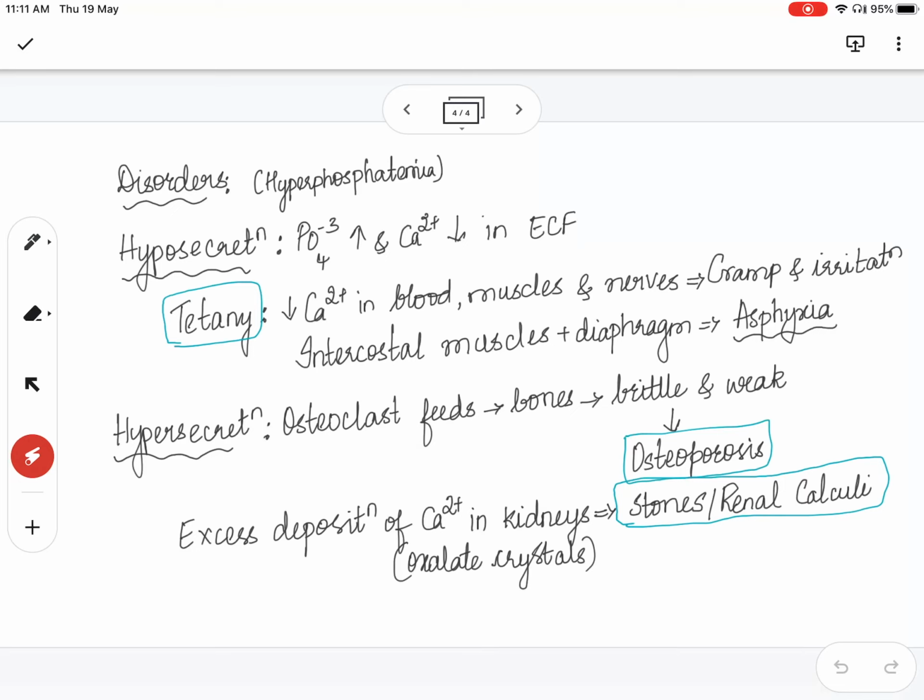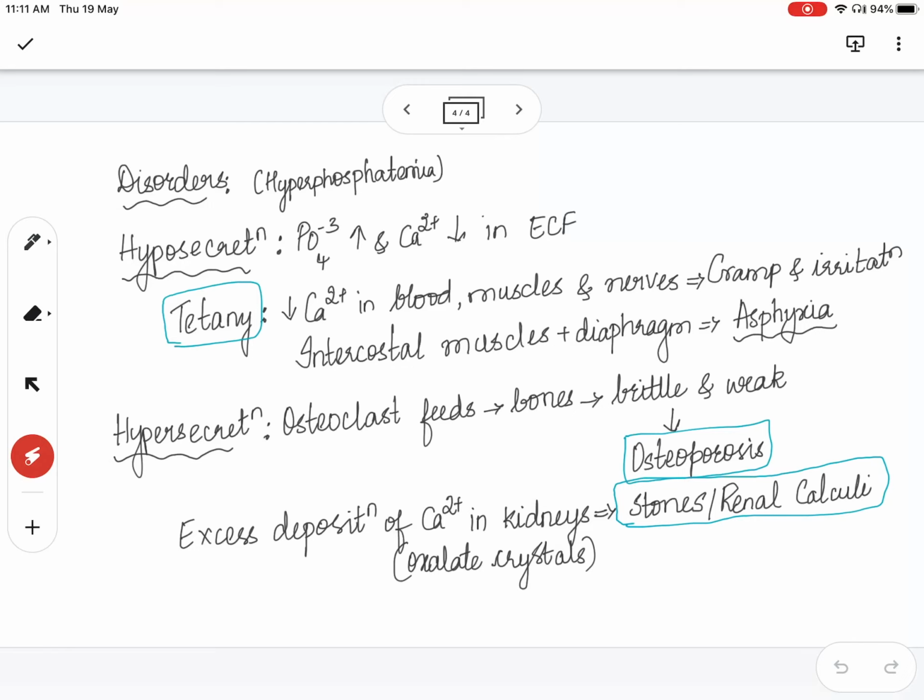They are located in between the ribs region. This is where our breathing mechanism takes place, right? So if the tetany happens in the intercostal muscles and diaphragm region, then that animal or that particular body will die due to a condition called asphyxia.